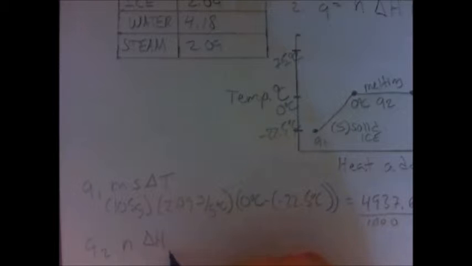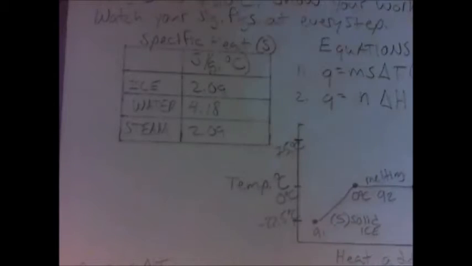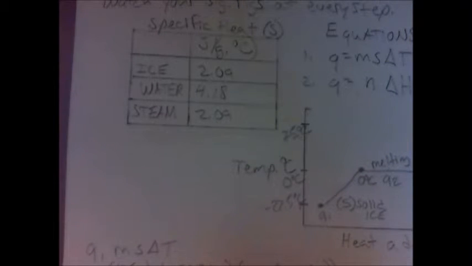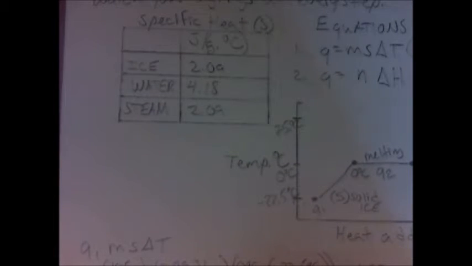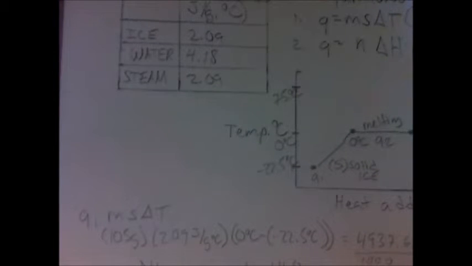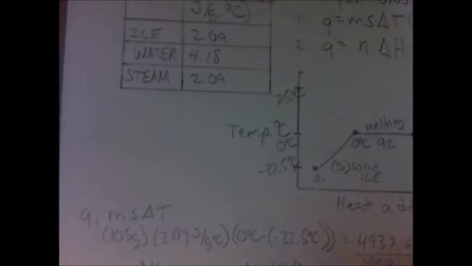We'll have the number of moles equal to 105 grams of water multiplied by stoichiometry. 1 mole of water will be equal to 18.015 grams, by adding 2 hydrogens and 1 oxygen atom together, which gives us the molecular weight.